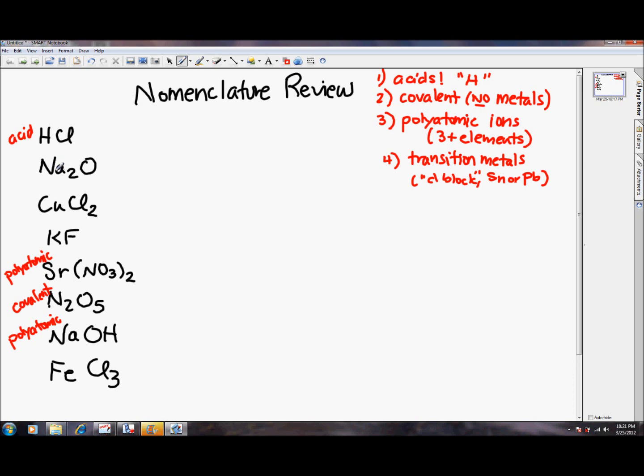Okay, let's look over here. Na. Well, Na is in column number 1, so that's not a transition metal. Cu. Cu is in the D block. That's a transition metal. K. K is in the alkali metals, column 1. That's not a transition metal. Fe. Yep, Fe's in the D block.